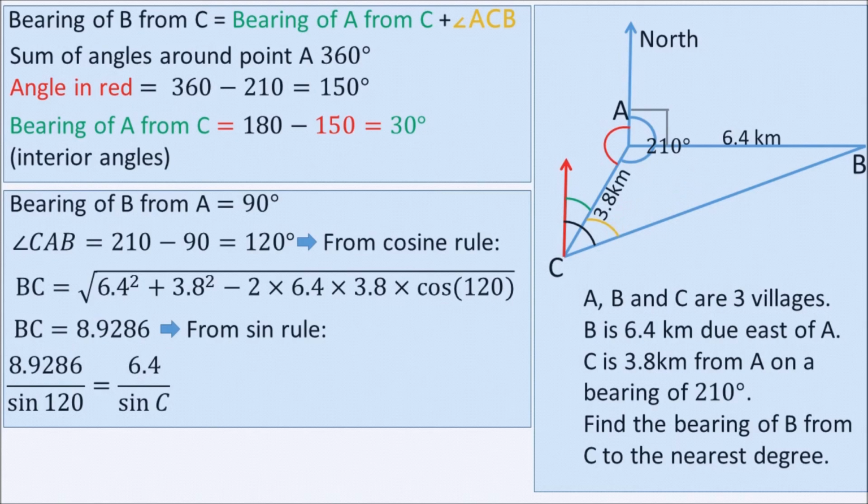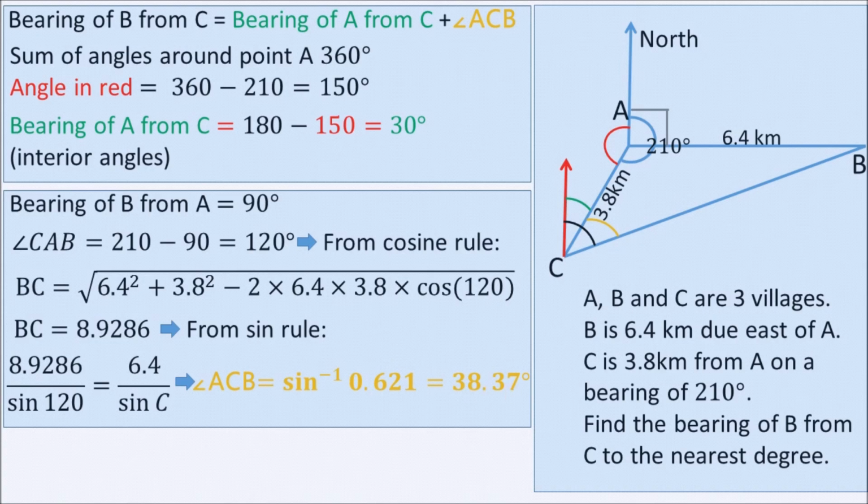So practically speaking, if we plug in the numbers, we have side BC, which is equal to 8.9286, which we just got here, divided by sine 120, which is opposite to this side, is equal to 6.4 divided by sine angle C, which is opposite to this 6.4. So if you cross multiply, you'll find that angle ACB is equal to inverse sine of 0.6621, which is equal to 38.37 degrees.